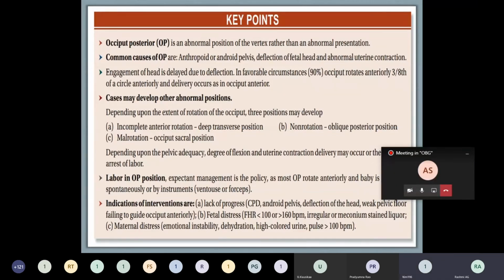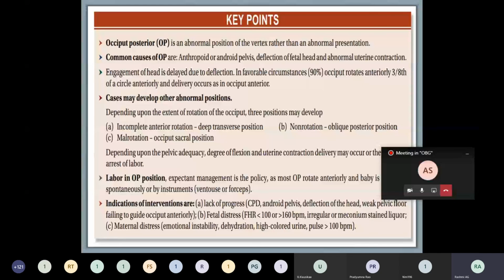The indications for intervention are, first, whenever there is no progress, like an associated CPD, android pelvis, persistent deflection of the head, or a weak pelvic floor failing to guide the occiput anteriorly. Second, there is fetal distress, as in any other case, wherein the fetal heart rate is less than 100 or more than 160 beats per minute, or there is an irregular rate or a meconium stain.